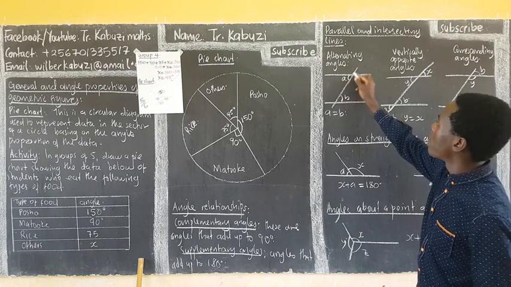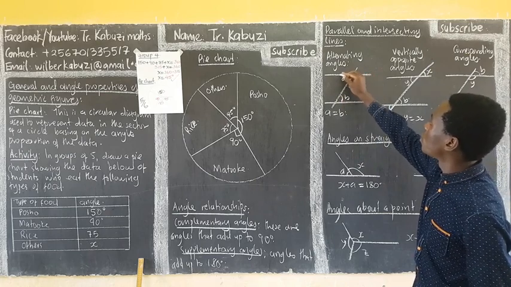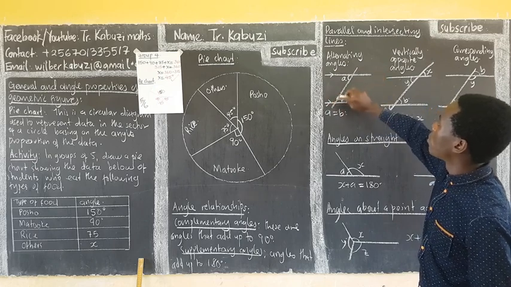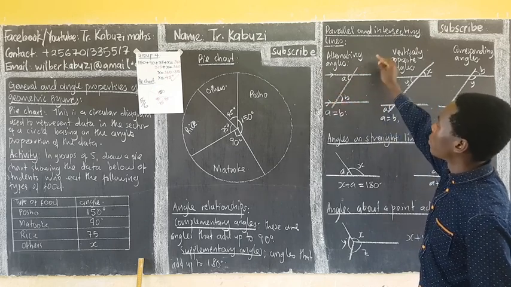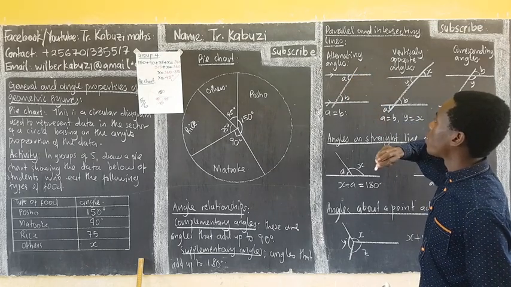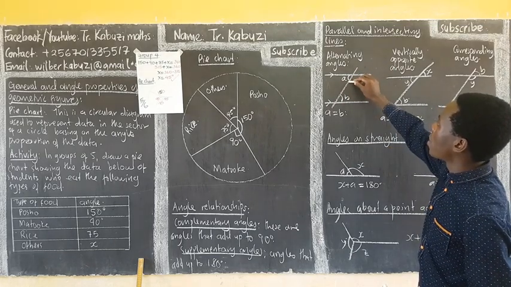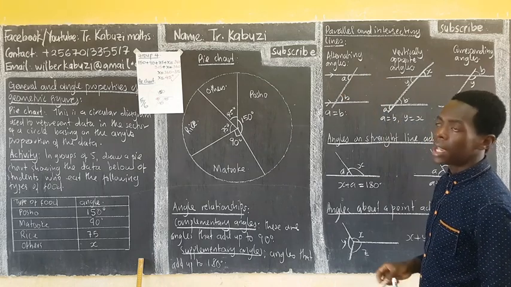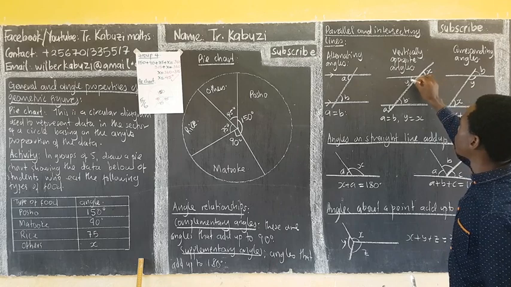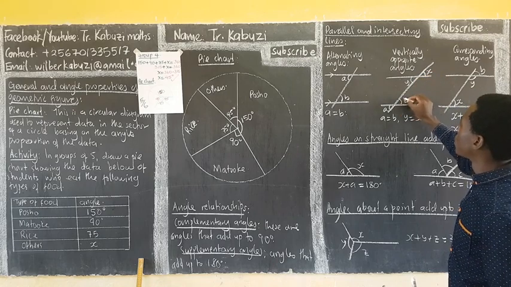So the moment you start this slide, these two should be parallel. These two should be parallel. This line is what we call a transversal. So if that's the case, the angle here is equal to the angle here. And the angle here is equal to the angle here. When vertically opposite, this angle is always going to be equal to this, and this is going to be equal to this.